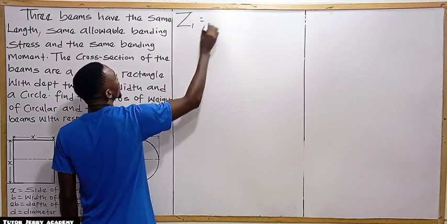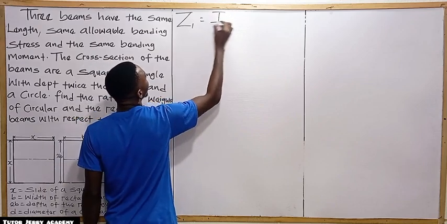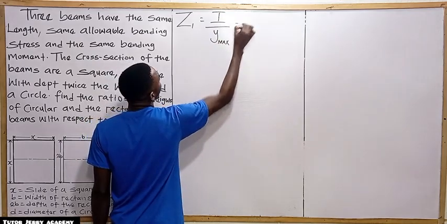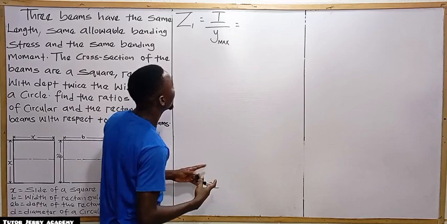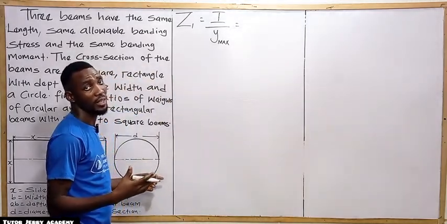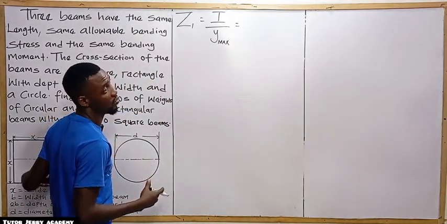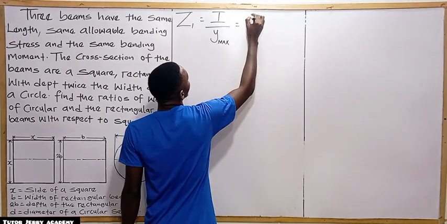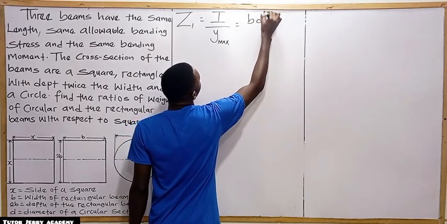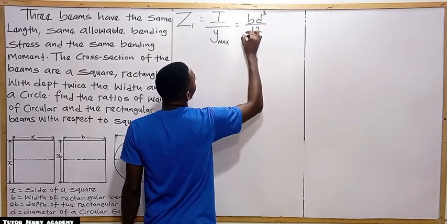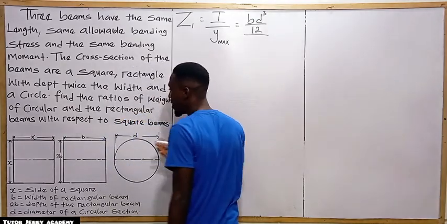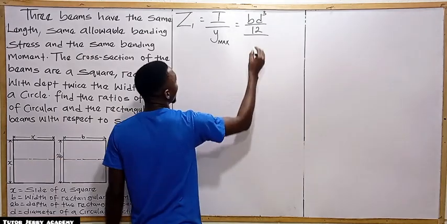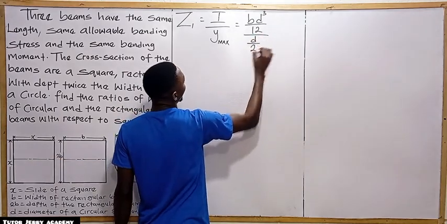So we know that section modulus is moment of inertia over y max. And we know that the moment of inertia of a square is similar to that of a rectangle. So it's going to be bd cubed over 12, divided by y max. Y max is the distance from the bottom to the neutral axis, so it's going to be d over 2.